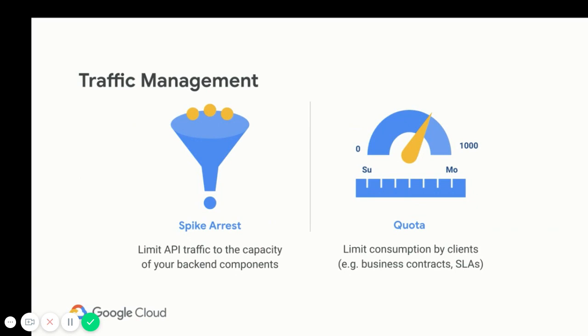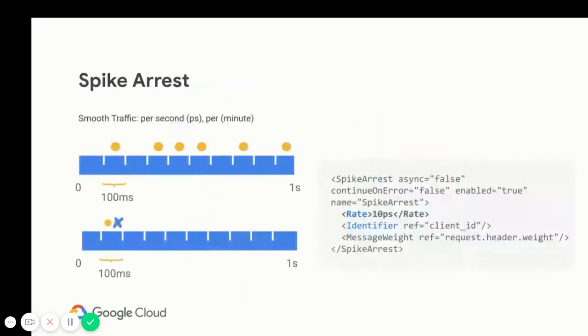The way it is implemented is based on the interval. Let's take the example where we have given 10 per second. In the quota policy, this would mean 10 requests per second. But in the context of the spike arrest, this would be transformed into 1 request per 100 milliseconds.